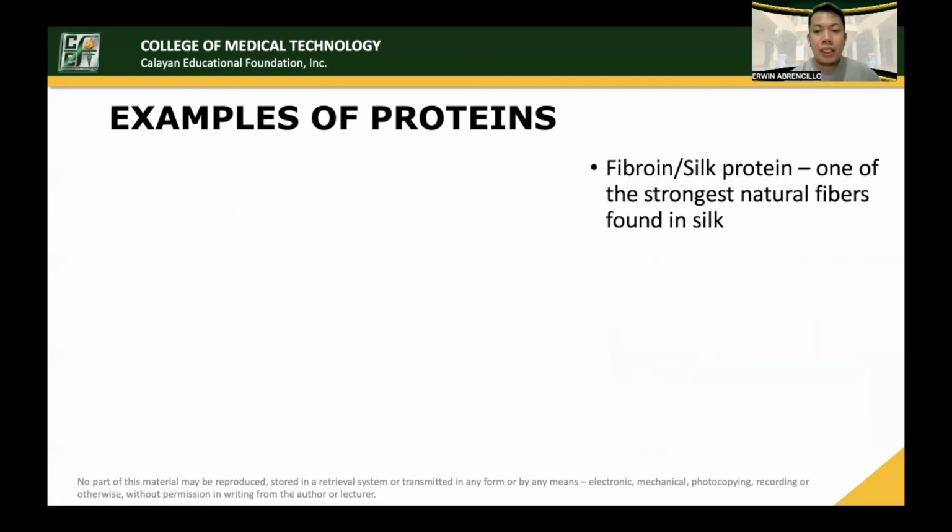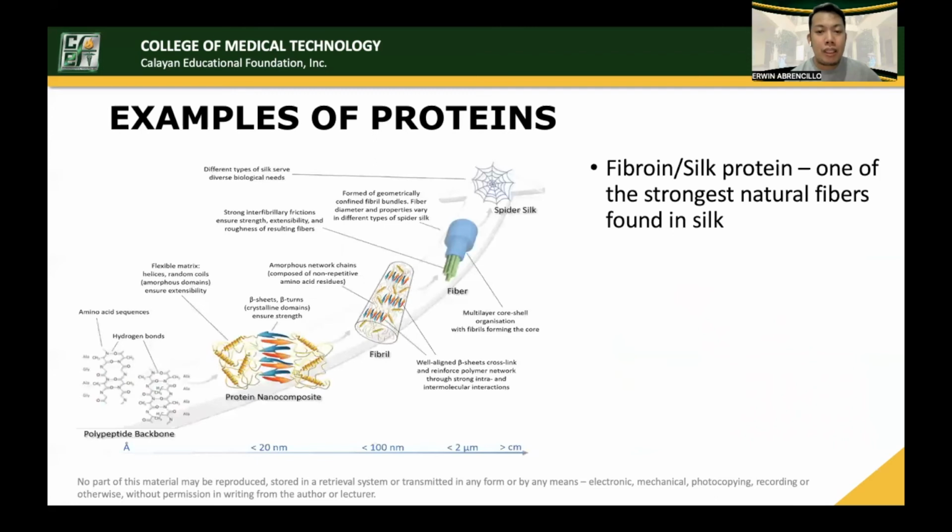So another one is fibroin, or silk protein. One of the strongest natural fibers is found in silk. Now, silk is actually produced by the silkworm, and some is produced by spiders. For example, this one is spider silk.